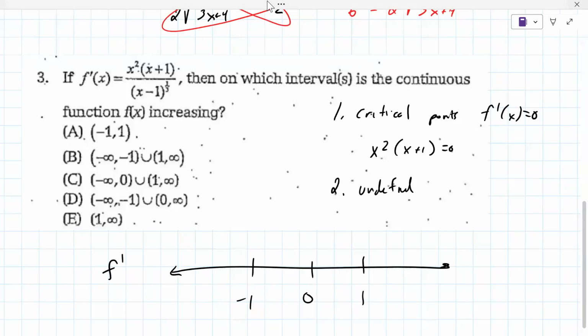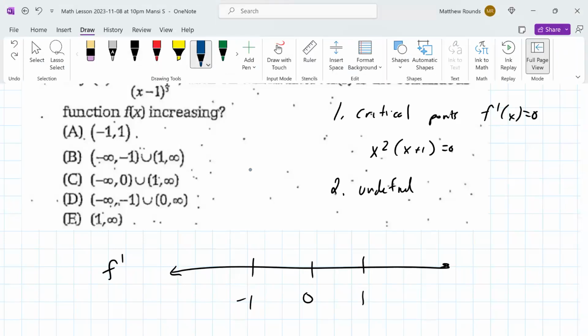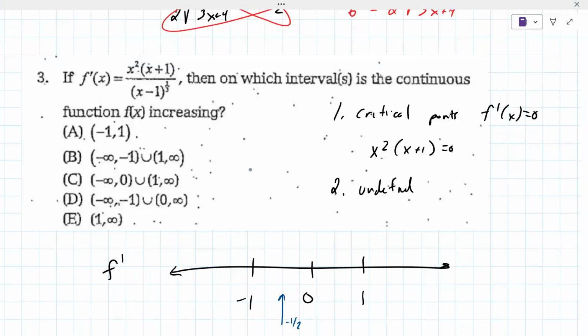So like, let me pick a number like -1/2. -1/2 squared is positive. -1/2 plus 1 is positive. -3/2, the cube root keeps the sign. So that's negative. So you have a positive times a positive over a negative is negative.